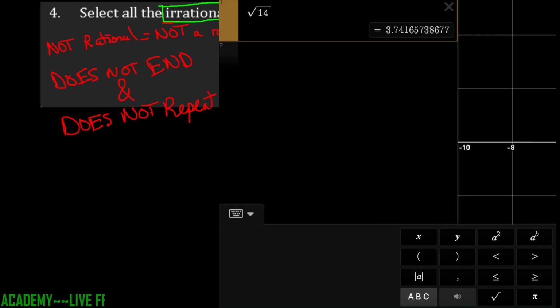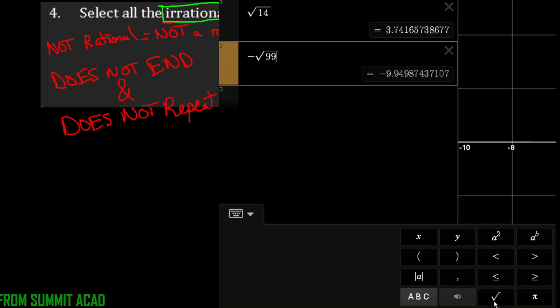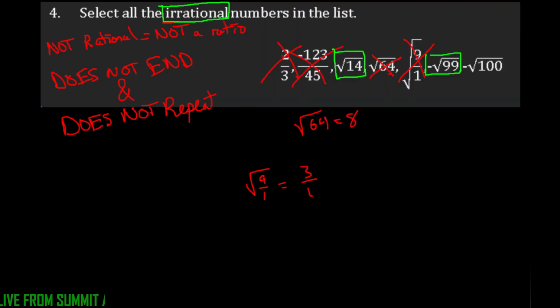It's a negative square root of 99. No, not repeating, not ending. And so the negative square root of 99 is irrational. So that's why I selected it. And lastly, we know that the square root of 100 is 10, so negative square root of 100 is equal to negative 10, which is a rational number. So only those two choices are what we're going to pick.